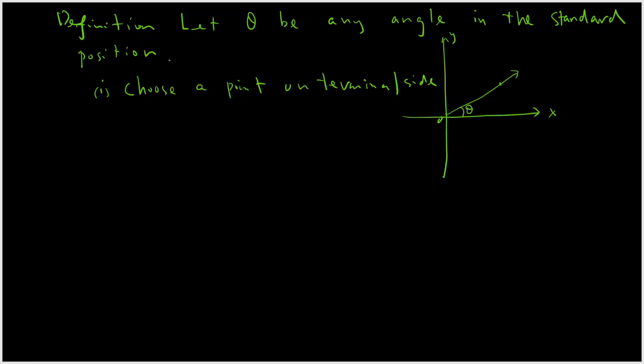Now let's say the x coordinate is x and the y coordinate is y. Any point on the terminal side, actually any point in the rectangular coordinate plane has 2 coordinates, right? X coordinate and y coordinate. You know that.